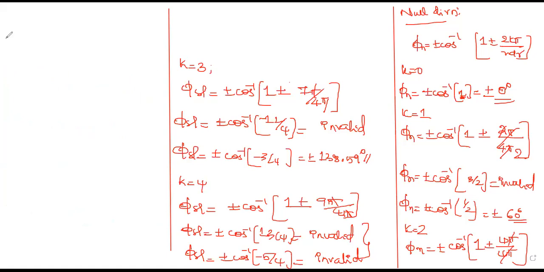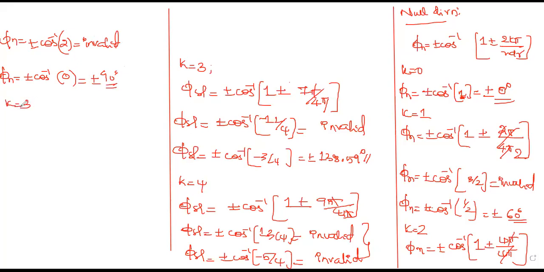So consider the equation phi null is equal to plus or minus cos inverse of one value, you get 1 plus 1, which is again 2. Cos inverse of 2 is invalid. Take the other number, plus or minus cos inverse of 1 minus 1 is 0. What is cos inverse of 0? 90 degree.